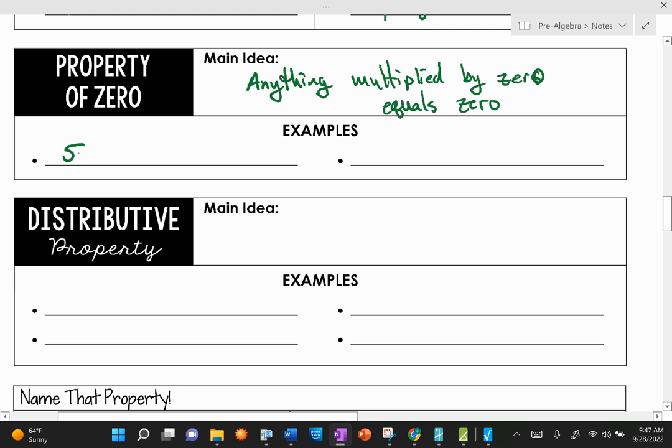Examples. 5x times 0 equals 0. Go figure. I know. x plus 7y times 0 equals 0.